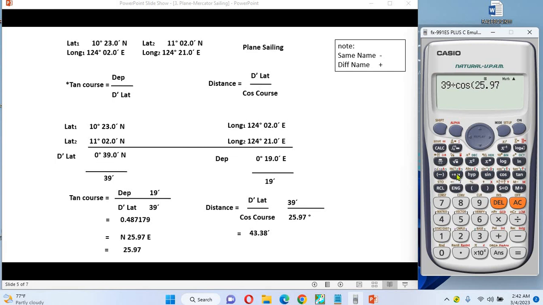Because it is a course, it should be in degrees, then close parenthesis and cosine, equals boom, 43.38. So the distance is 43.38. That's for plane sailing. So the same answer. Plane sailing by a mathematical formula.